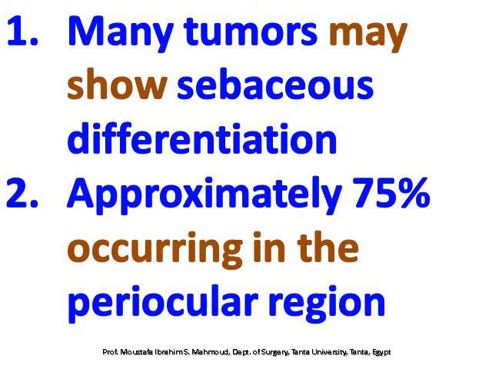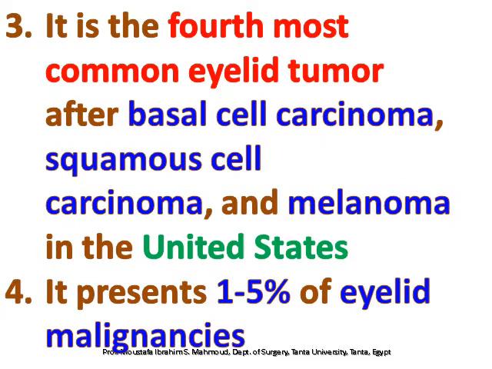Sebaceous carcinoma. Many tumors may show sebaceous differentiation, approximately 75% occurring in the periocular region. It is the fourth most common eyelid tumor after basal cell carcinoma, squamous cell carcinoma, and melanoma in the United States.